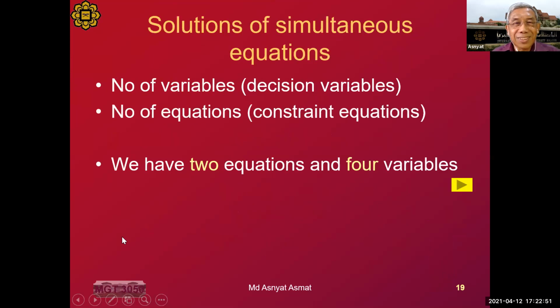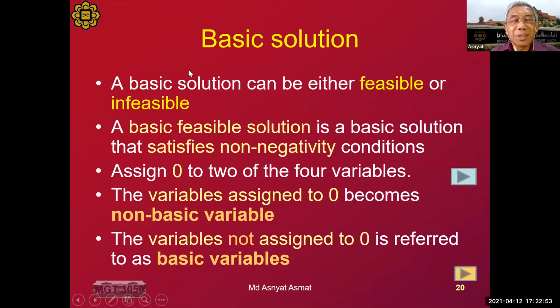Okay, next, the next step is we are going to find what we call a basic solution. A basic solution can be either feasible or infeasible. A basic feasible solution is a basic solution that satisfies the non-negativity conditions.